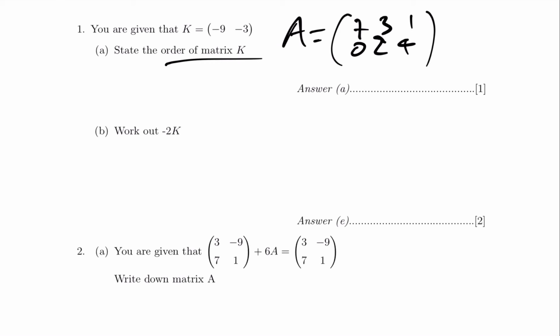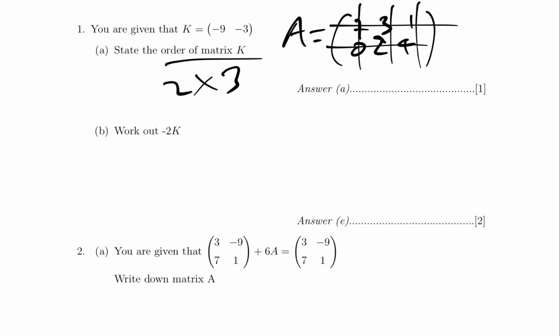The rows are the horizontal part and the columns are the vertical part. So for matrix A, there are 2 rows, and we say this is a 2 by, and columns we have 1, 2, 3 columns. So this is a 2 by 3.